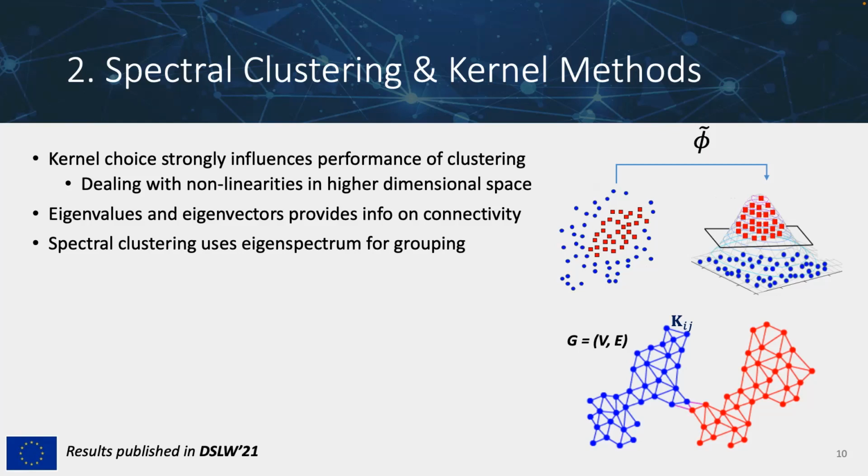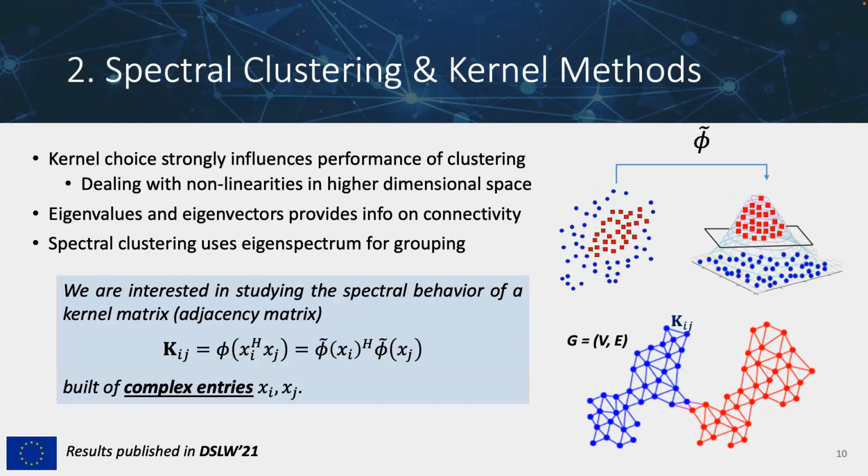Well, the question here is which function to use. You could again try a set of different functions to perform this clustering, but there are other ideas in the literature. One of these ideas is to analyze the spectral behavior, or how well this function behaves.